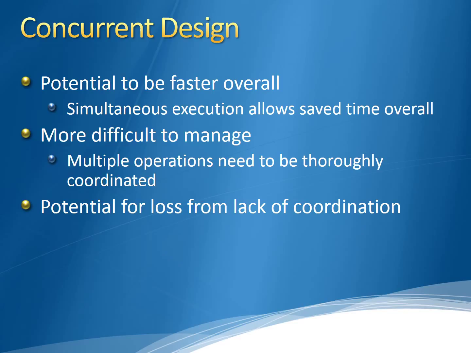And you don't end up wasting efforts by having multiple departments essentially doing the same thing. The biggest potential for loss here is a lack of coordination. If people aren't working in the same direction, then you're not going to be making gains towards the end.